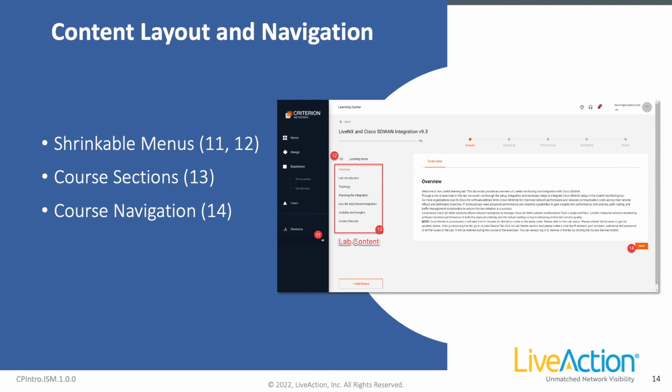All the sections in the lab are in fact clickable links, and you can jump back and forth to any section at any time. The recommended course navigation method is to use the Next button found at the bottom of the page on the right, marked at 14. Using this will make sure you progress through the content in the intended sequence. As you progress through the content, you will see the lab instructions to follow, and buttons are available to access devices as required.